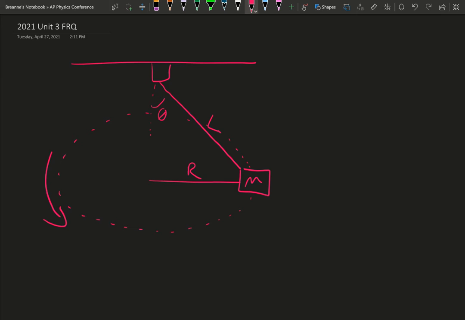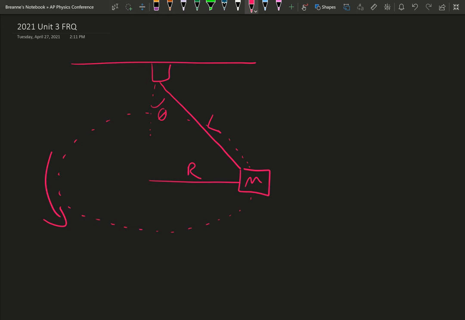Okay, so in the apparatus shown above, one end of the string of length L is attached to a block of mass M, and the other end is connected to the axle of a motor that rotates, causing the block to move in a circle of radius r at a constant speed vt, such that the string makes an angle theta with the vertical.